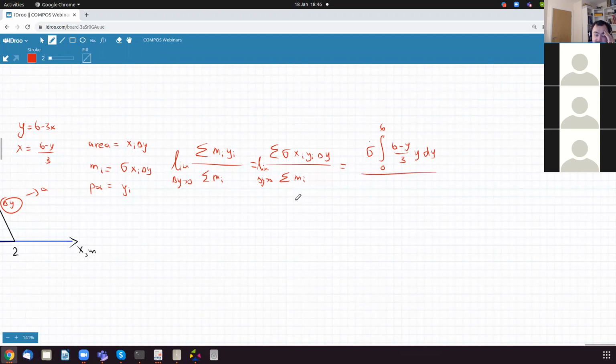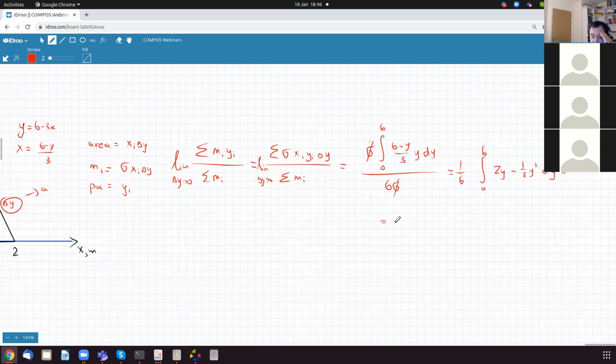And then with the total mass, but we already know the total mass. It's 6 sigma. Nothing has changed. It's the same triangle. So we cancel the sigmas. We have 1/6 times this integral from 0 to 6. So 6 over 3 is 2, 2 times y, it's 2y, minus y squared over 3, minus 1/3 y squared dy.